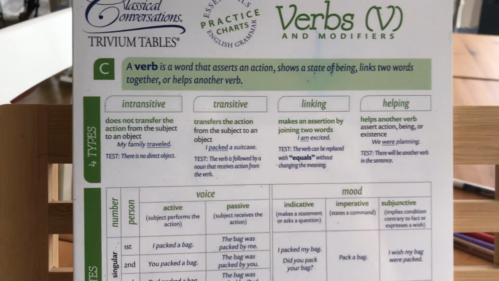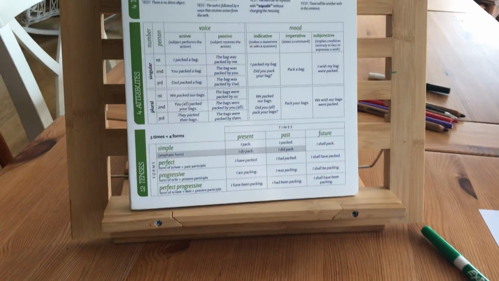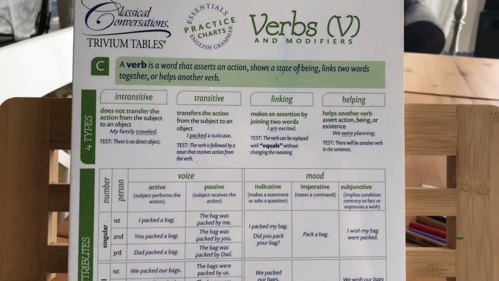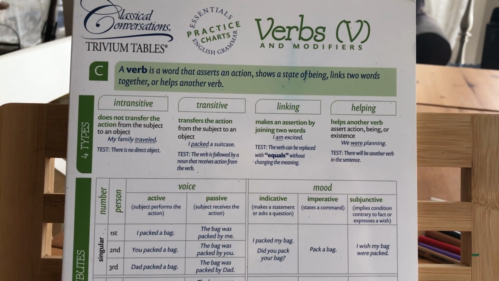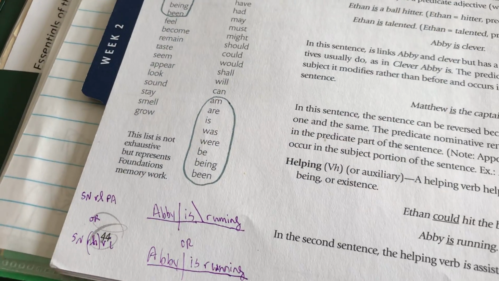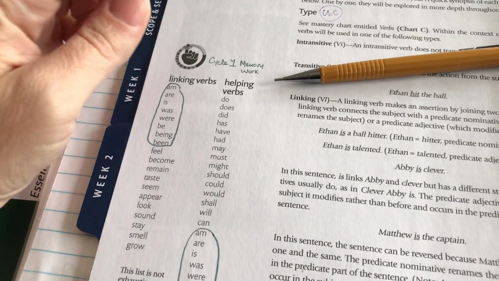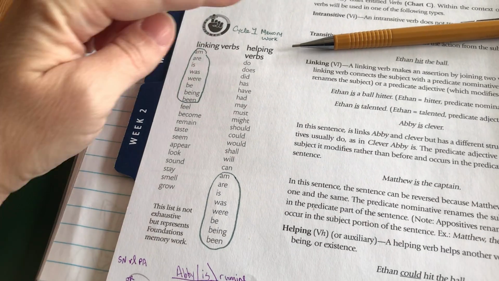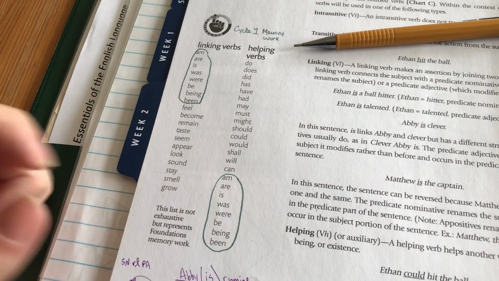And just so you know, in the new 5th edition, on these charts, they do not put the entire list of linking or helping verbs anymore. They do have them in your EEL guide over here on page 44. You can see a list of linking verbs and you can see the list of helping verbs, and you can see there is some overlap.